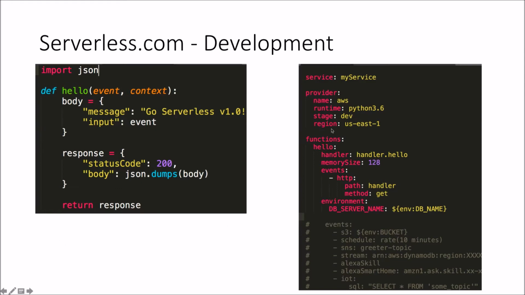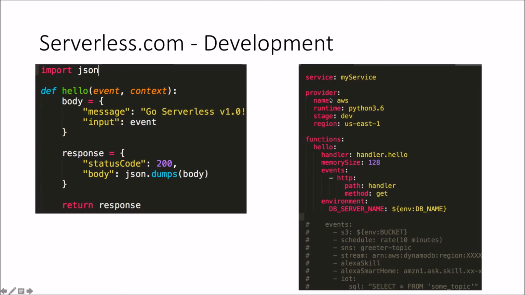And to wire it all up, we have a YAML configuration file. Here we have defined a service called myService, and that service binds everything together in the form of a unit of deployment. And as we've discussed before, serverless works across different cloud providers.